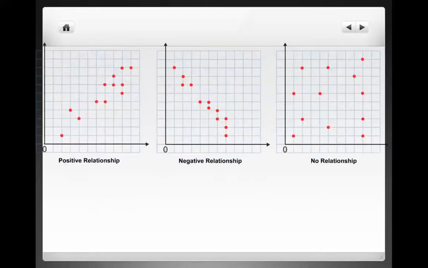So we saw this figure on Monday that shows a positive relationship. As our independent variable, our x variable, increases, our y variable also increases. A negative relationship is where, as x increases, our y variable decreases, and then no relationship just kind of looks like chickenpox. Knowing the value of an independent variable tells us very little, if anything, about our dependent variable.